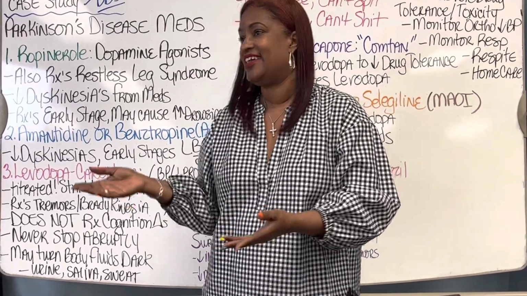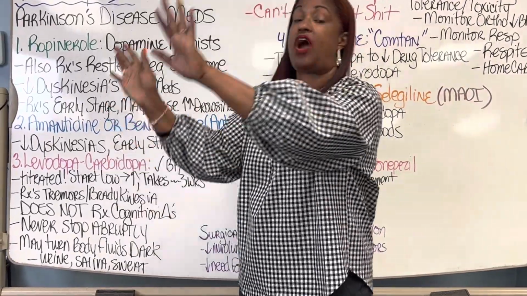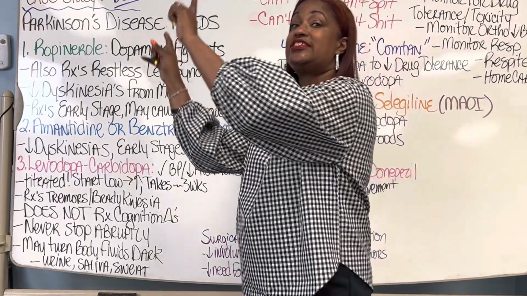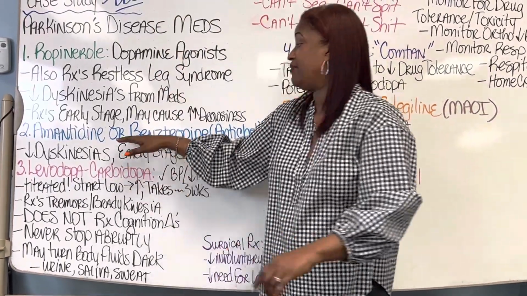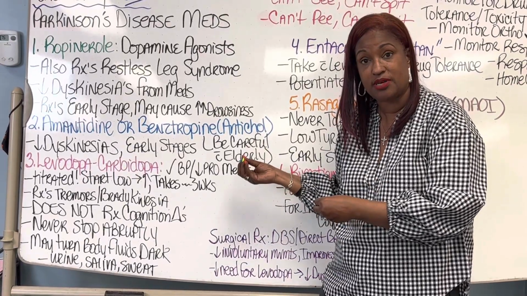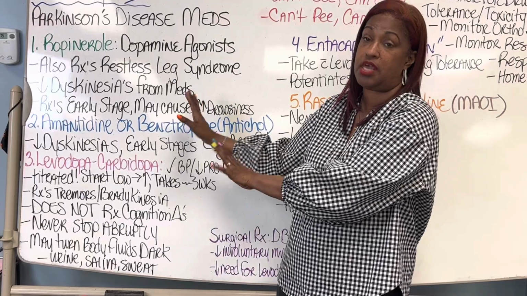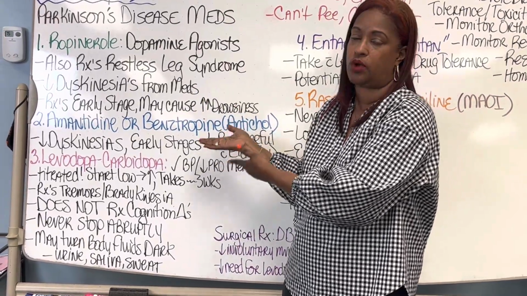Pseudo-Parkinsonism. Isn't this Parkinson's? Remember that psych meds gave our psych patients Parkinson-type symptoms, and we gave them benztropine to take care of those EPS symptoms? Well, it's the same thing, different day. This is actual Parkinson's. So we're giving them an anticholinergic to help them.